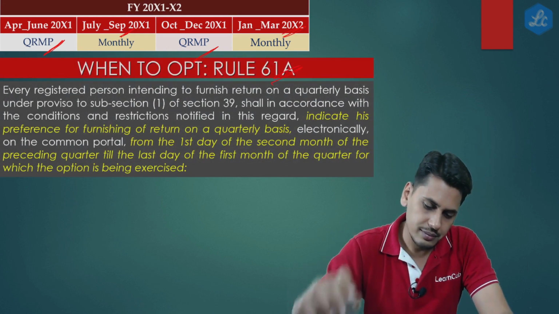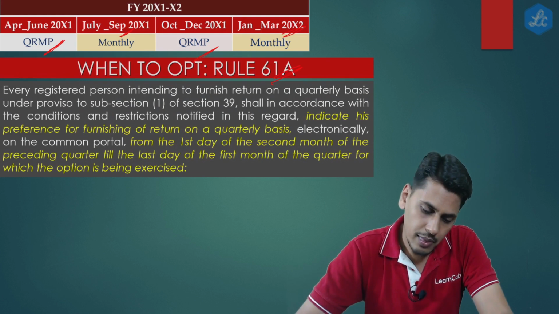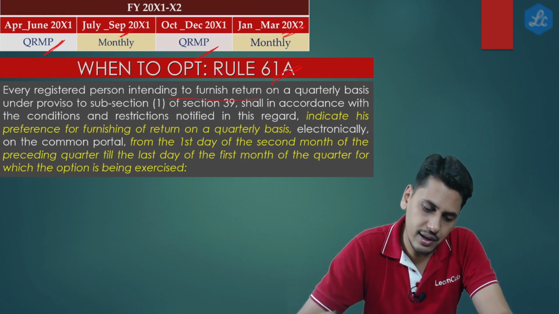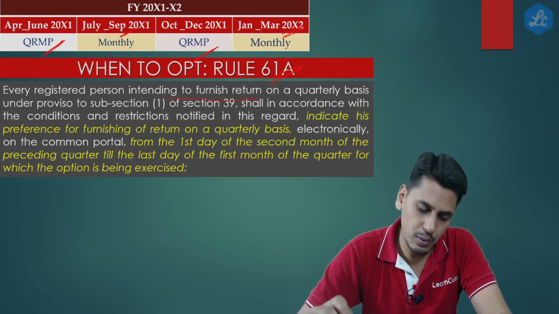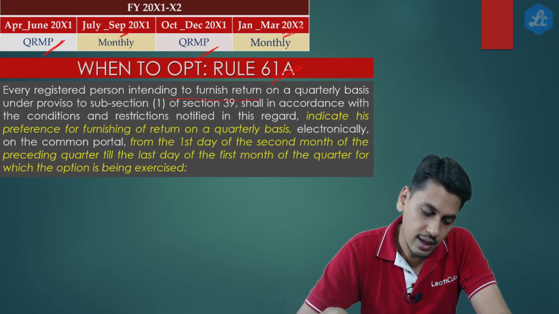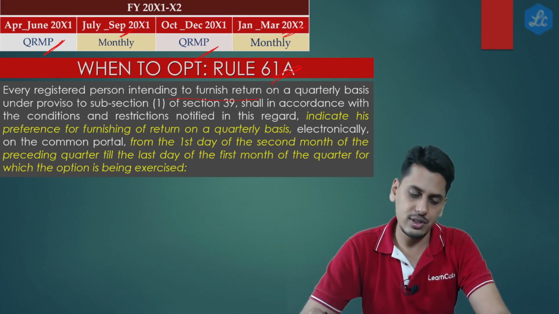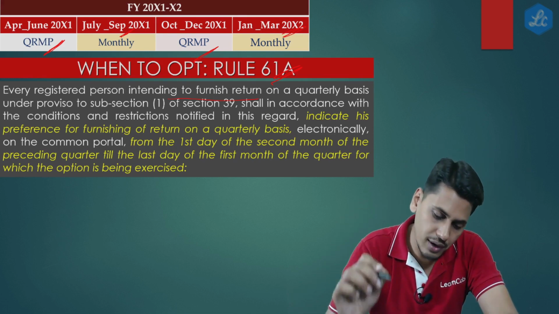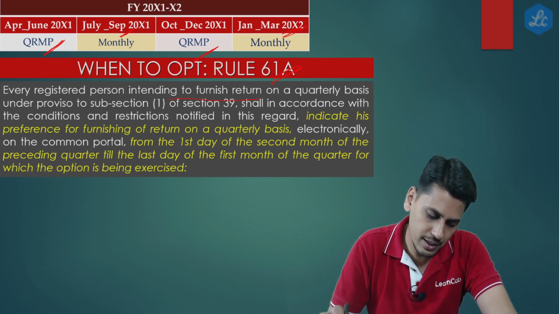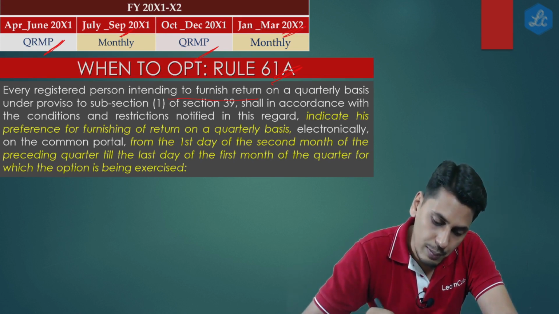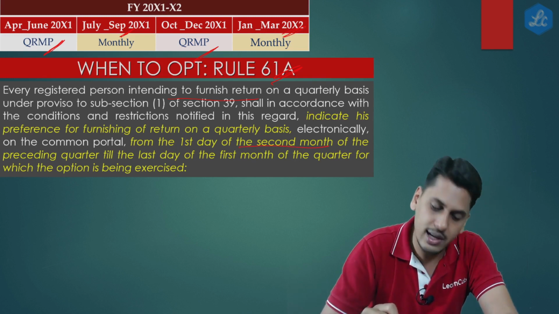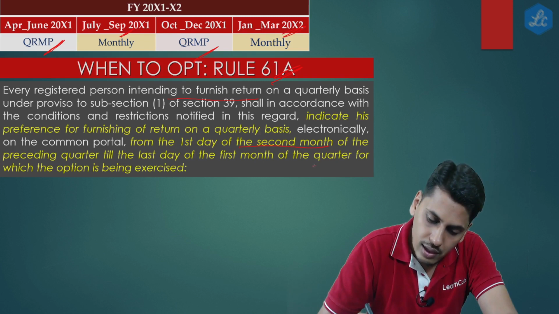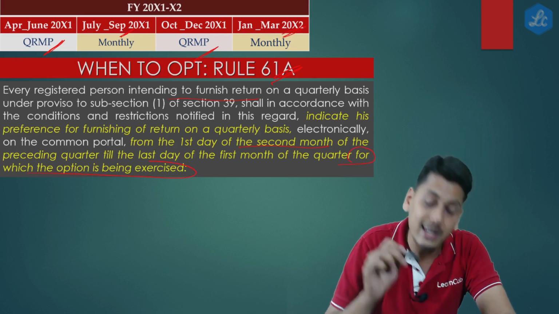Rule 61A tells you that the registered person intending to furnish return on a quarterly basis under the proviso to section 39 subsection 1 shall, in accordance with the conditions and restrictions notified in this regard, indicate his preference for furnishing of return on a quarterly basis on the common portal from the first day of the second month of the preceding quarter till the last day of the first month of the quarter for which the option is being exercised.